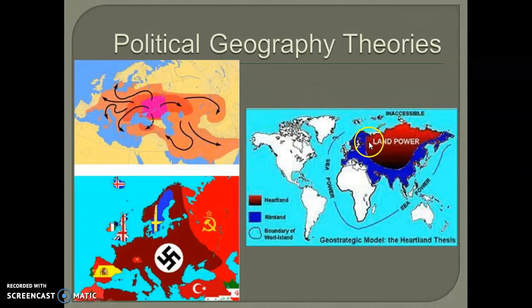Part of why there was this theory called containment theory, that we had to contain the Soviet Union, contain communism, was because of this rimland theory, that the rimland here, right, could easily be taken over by the group here, which was the Soviet Union that controlled this area, and that they could then expand.